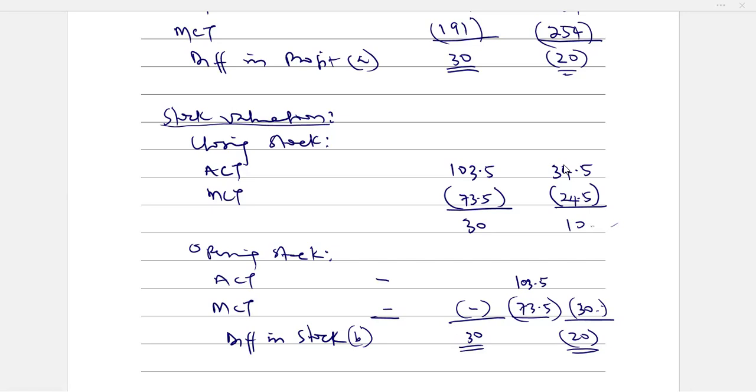The bottom line, that's what I advised you last week. Your starting point is for you to memorize the formats. Understand the concepts in each of marginal and absorption, then memorize the formats. Study the formats as you have them in the material or in the notes that I gave you last week.